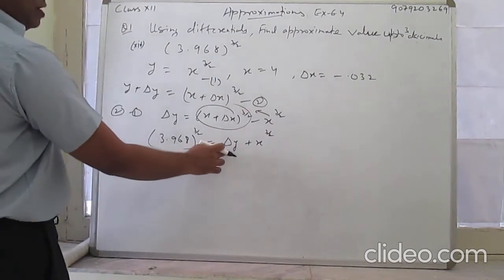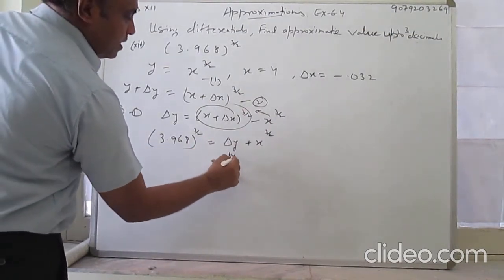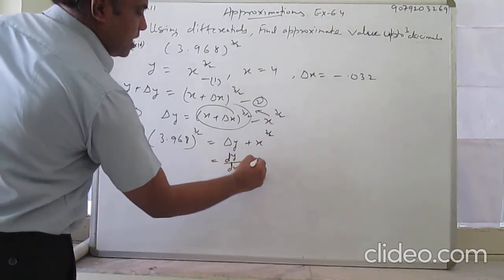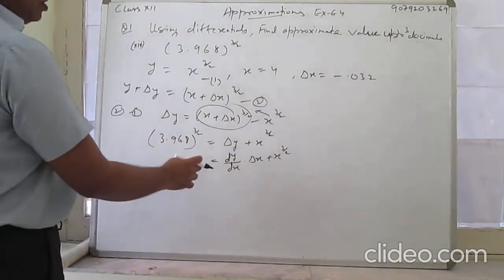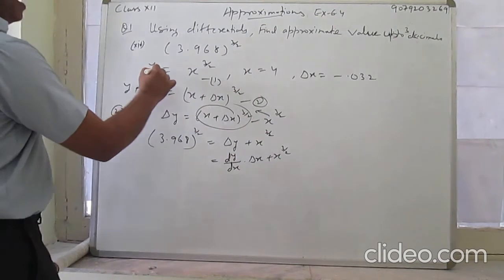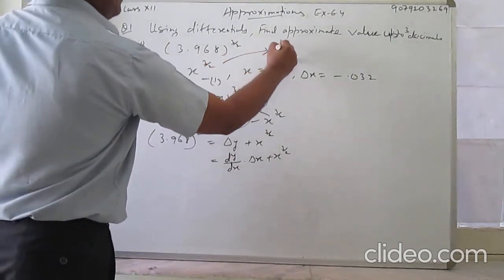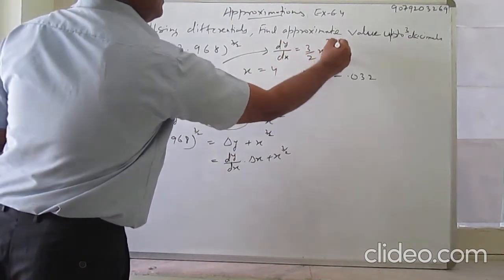Use the differential. Delta y is equal to dy, and the value of dy is dy by dx into delta x, plus x to the power 3 by 2. Putting the values, this is y, so we calculate dy by dx as n x to the power n minus 1.